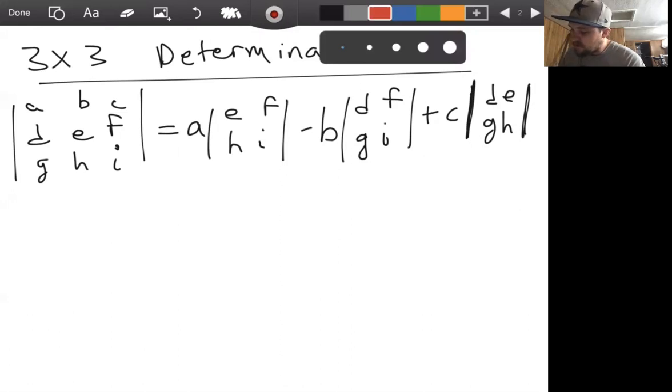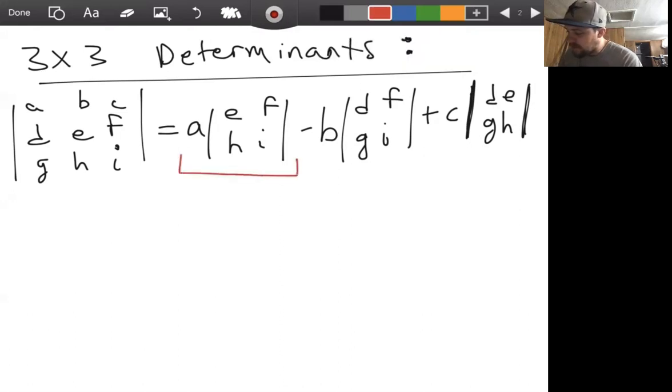The first term here, I'll indicate in red. You see we take A, and we take A times the submatrix that is kind of catty corner, if you will, from A. And here's how you think about this.